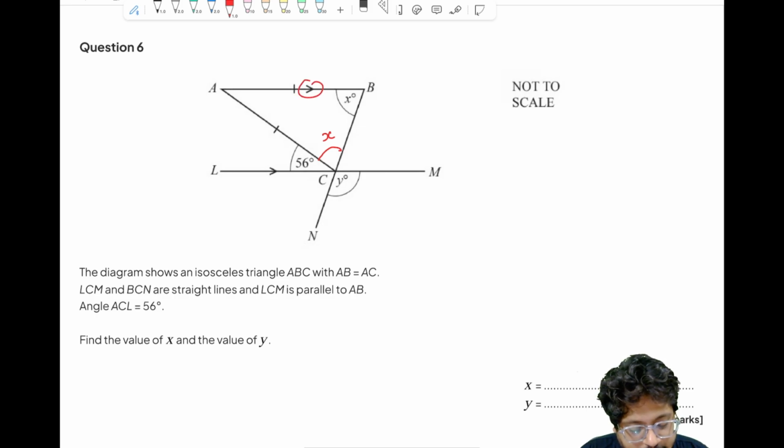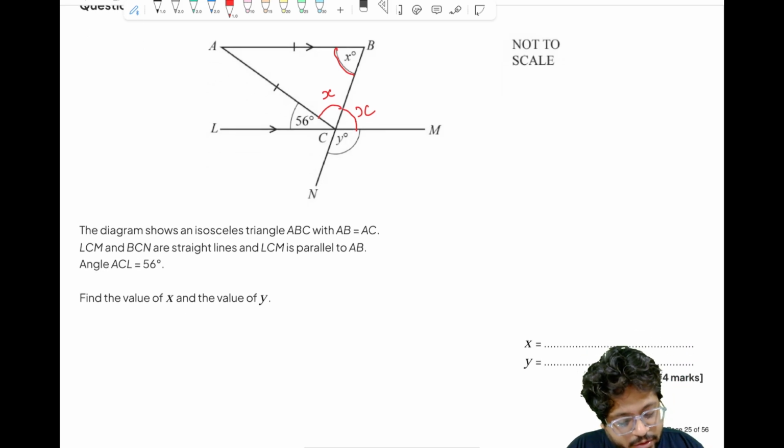So these two are parallel to each other. Now when two lines are parallel, then their corresponding angles are equal, and alternate interior angles are also equal. So you can say that this is x, so this will also be equal to x because they are alternate interior angles. Clear?